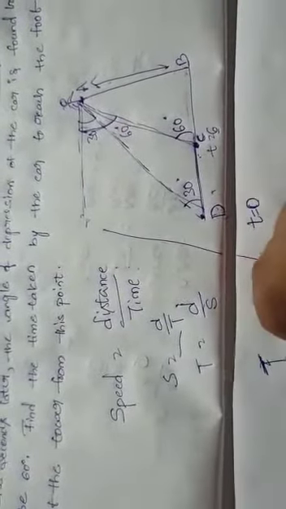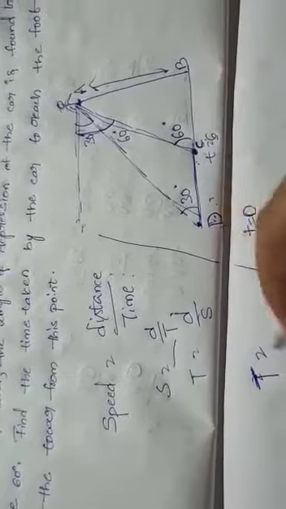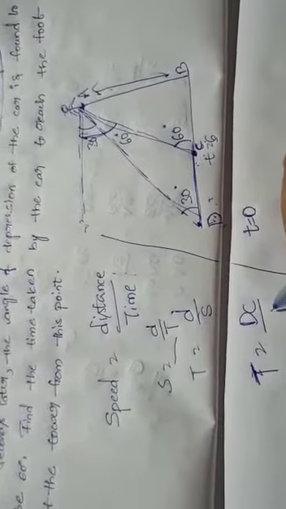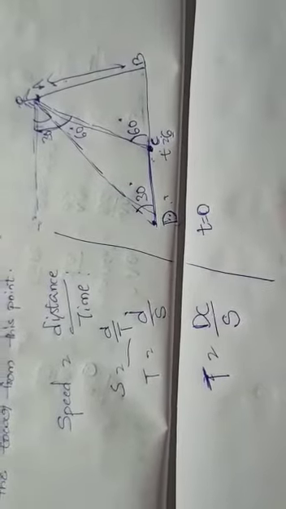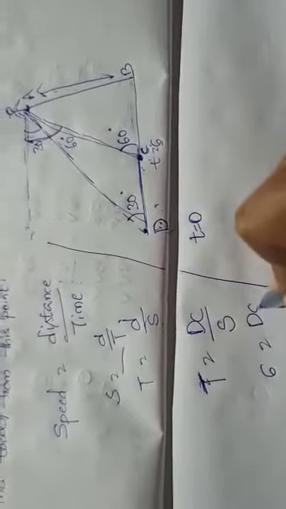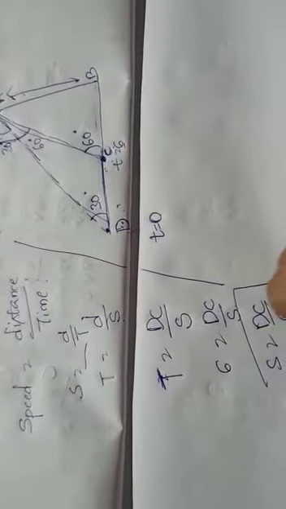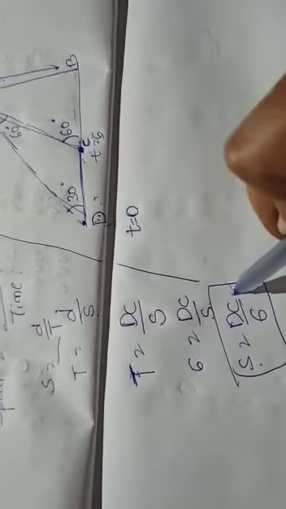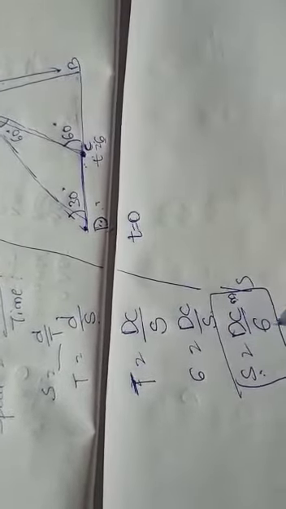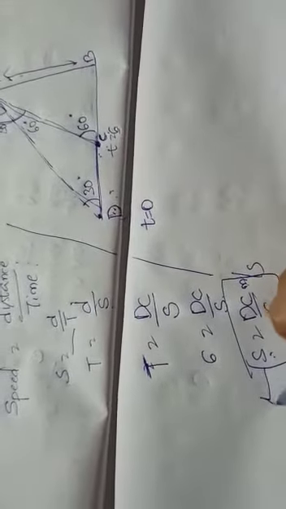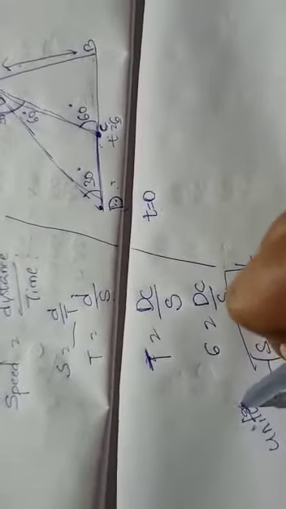Therefore time equals distance, which is DC, by speed. T equals 6, so 6 equals DC by speed. Here speed equals DC by 6, in meters per second. Here the given speed is uniform, constant speed.